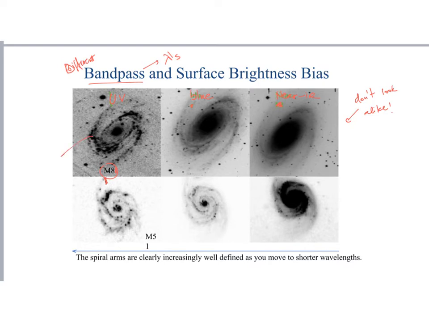We actually see here knots of star forming regions, because we're basically seeing the UV photons coming from the very hot stars, the young, the massive stars. Okay, and then for example, in near infrared, we don't get to see those, right? Those young hot stars, they don't emit much in near infrared. They emit mostly in the UV.